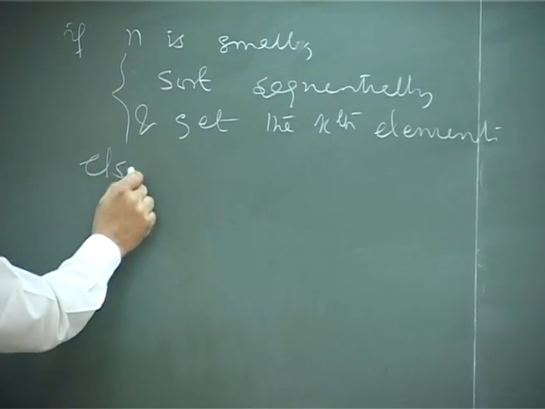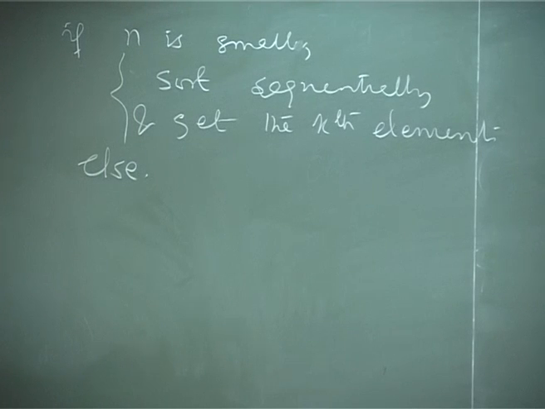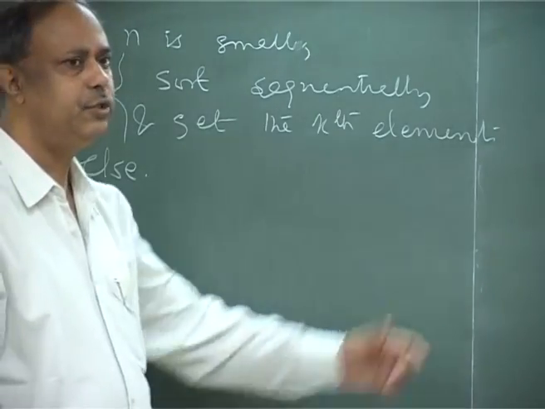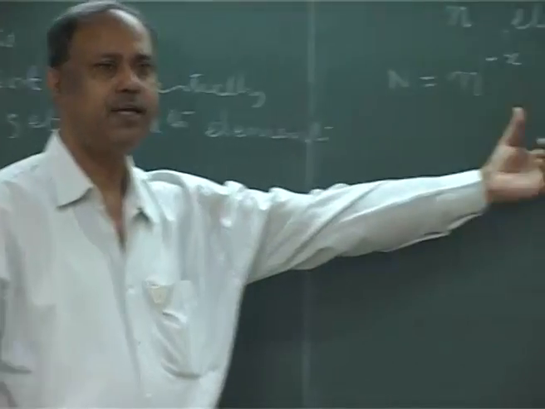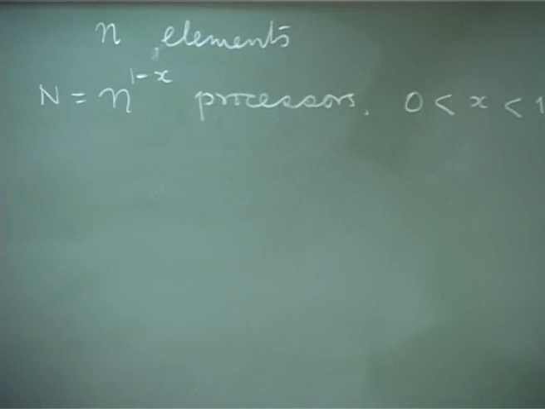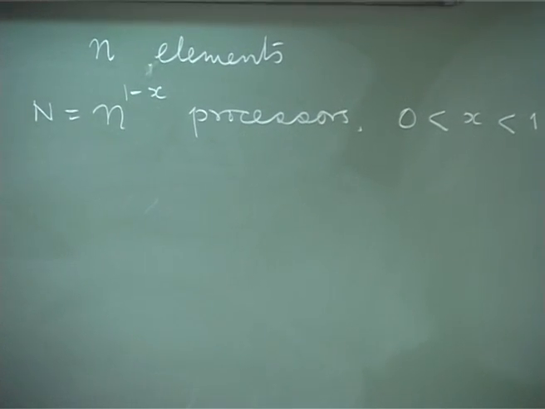Else, if it is not small, then only the question of using parallel processing comes into the picture. You divide these n elements into N groups, each group having n to the power x elements.